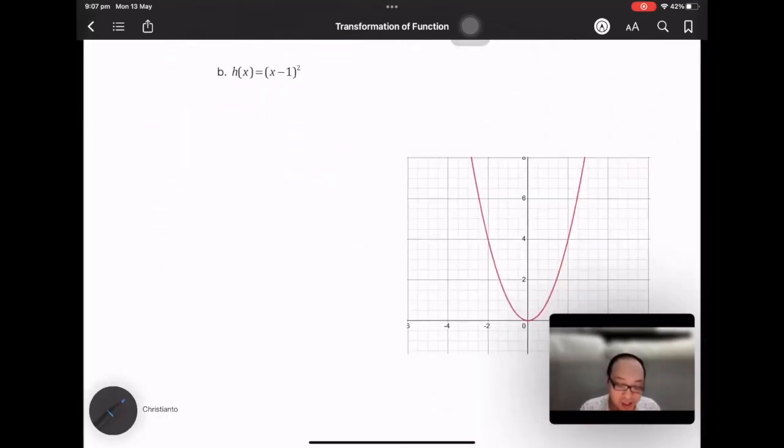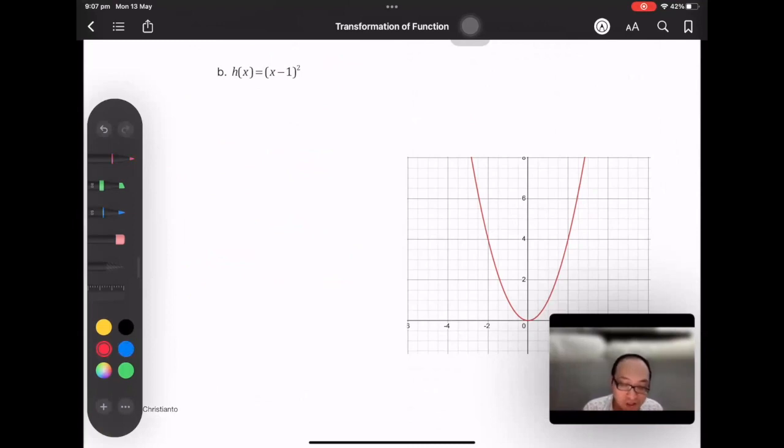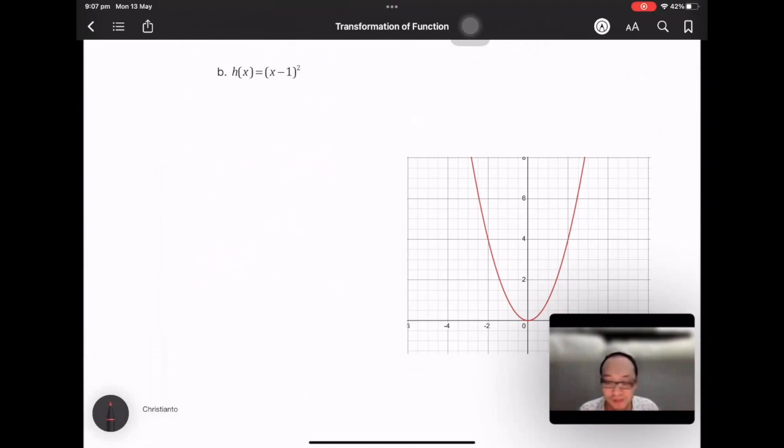Okay, now let's try h(x) = f(x - 1). So again, the same: I start with f(-2) equals 4, f(-1) equals 1, f(0) equals 0, f(1) equals 1, and f(2) equals 4.